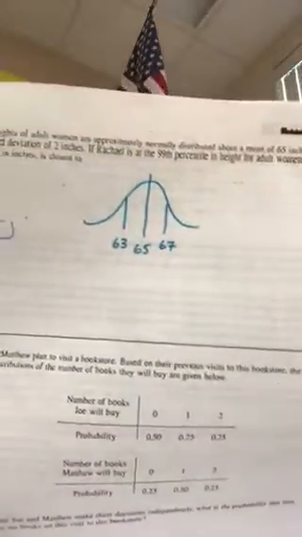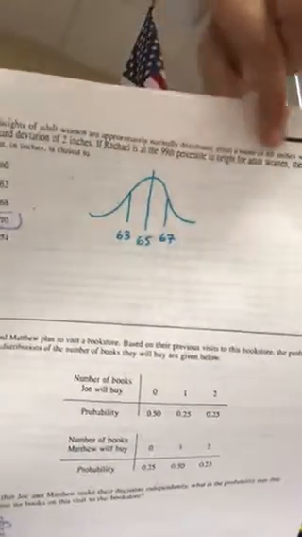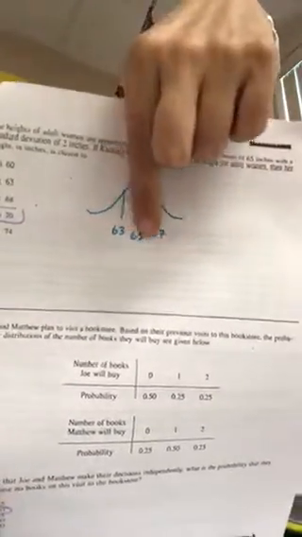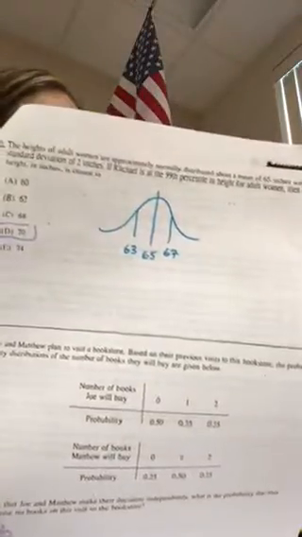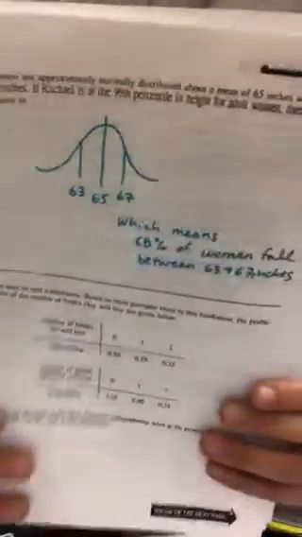Because it says it's approximately normal, that means that on average, a woman's height is 65 plus or minus 2 inches, which means that 68% of women fall between 63 to 67 inches in height. That is what that means.